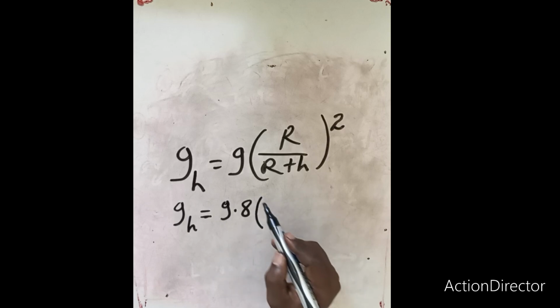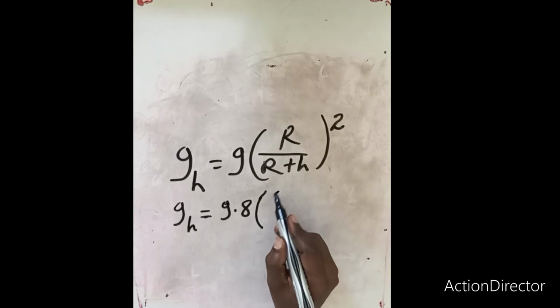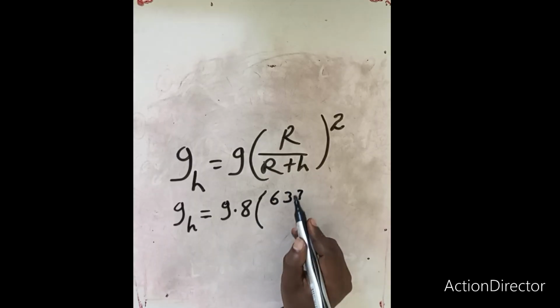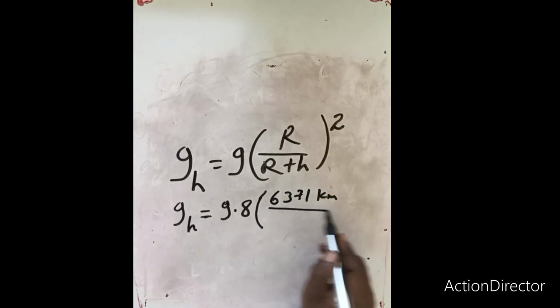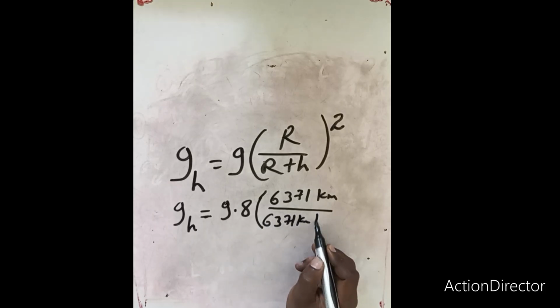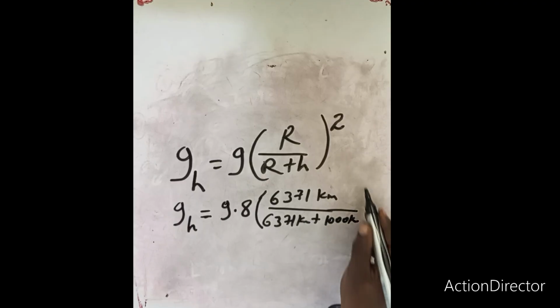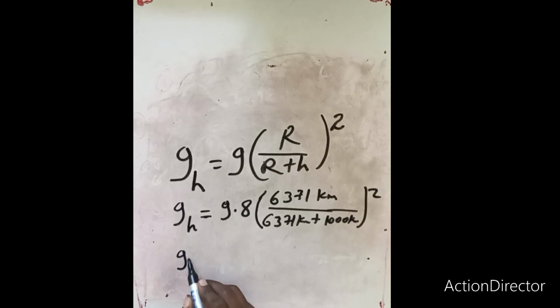And we have to take the R value, which is 6,371 kilometer, and R, 6,371 kilometer, plus h at height of 1,000 kilometer, the whole square, and acceleration g of h will be equal to 9.8 times that.